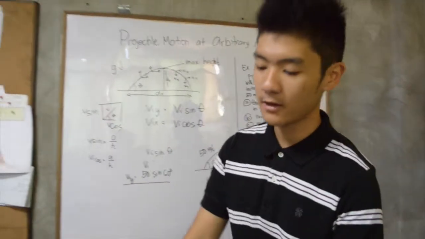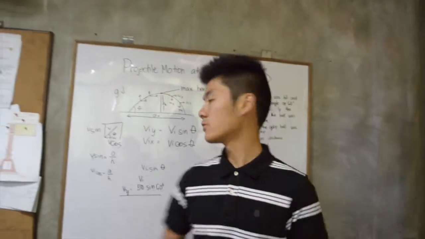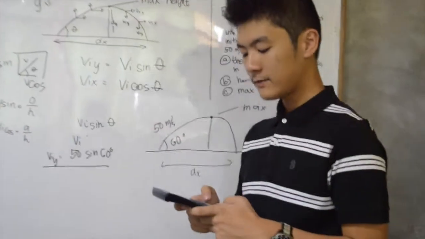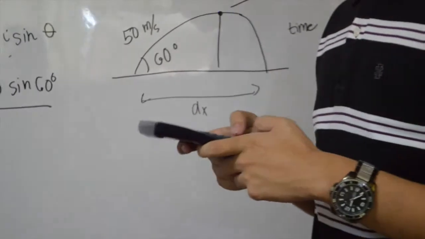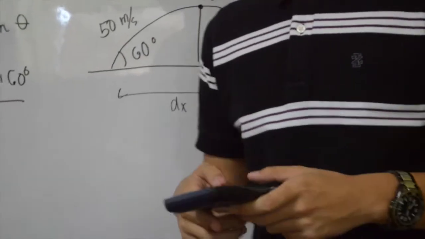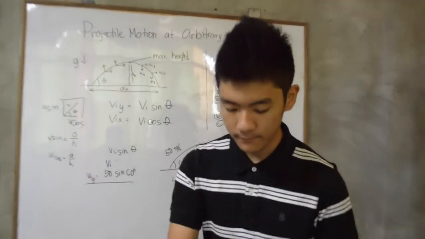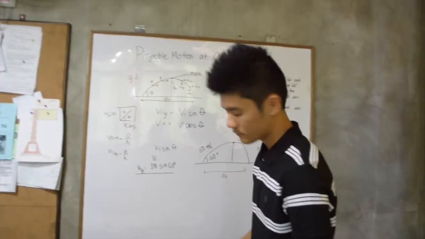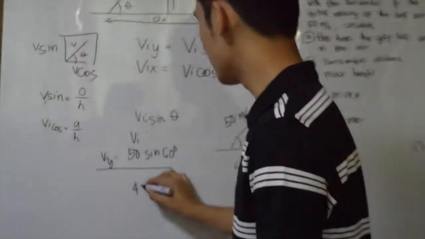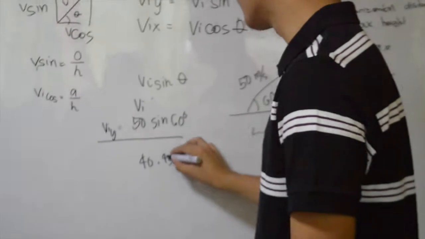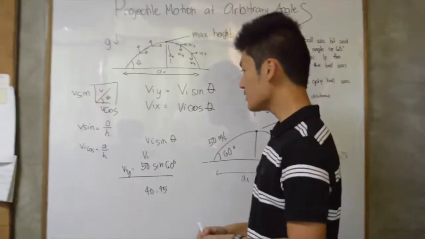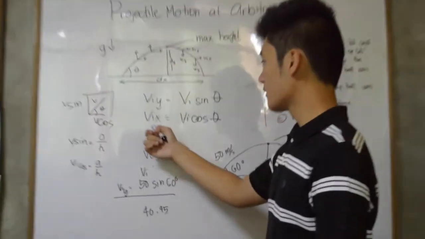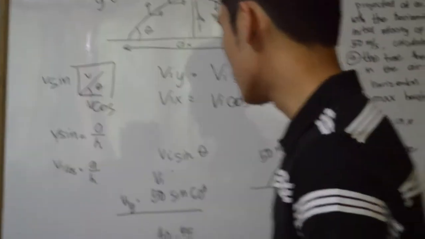You will need a calculator. 50 times sine 60 equals 40.45. So VIy is 40.45.